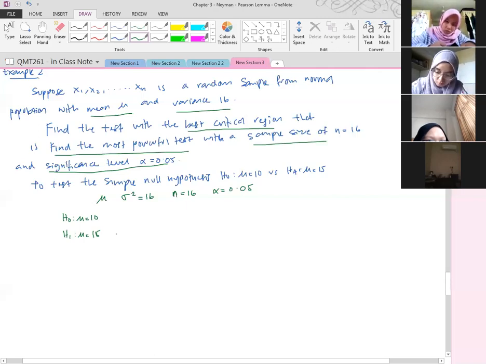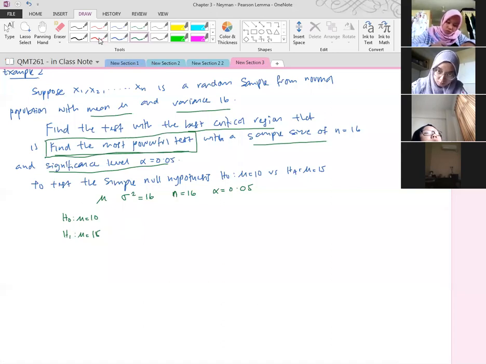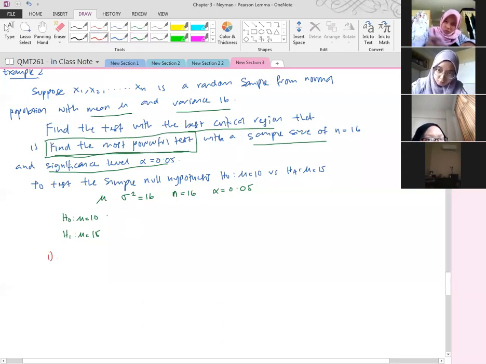So now we want to find the most powerful test using the Neyman-Pearson Lemma. But before we use the Neyman-Pearson Lemma, we need to check whether the hypothesis is simple or composite, right?